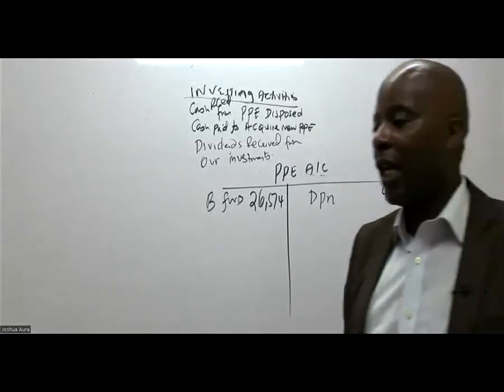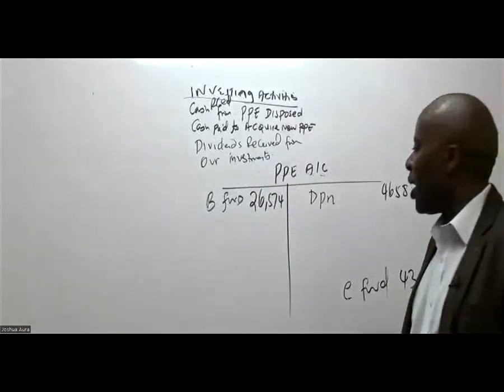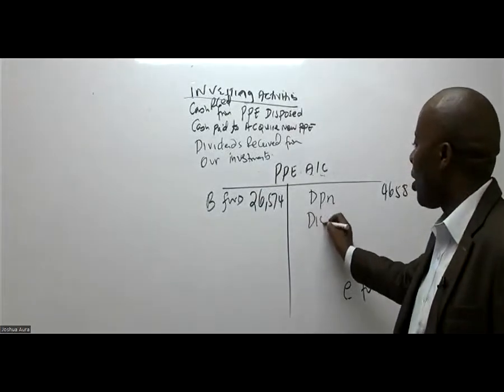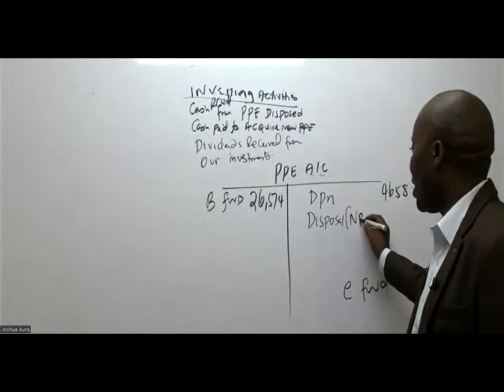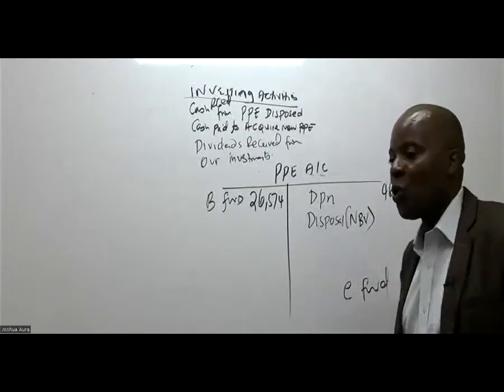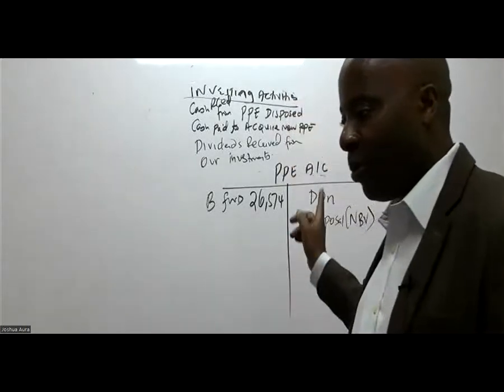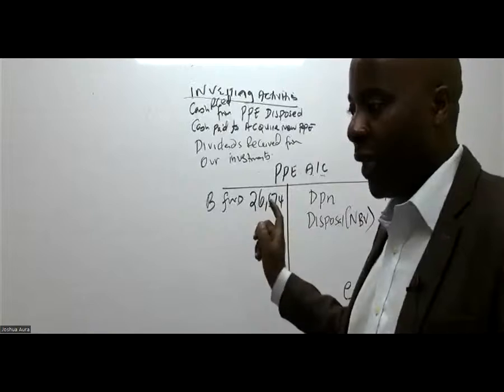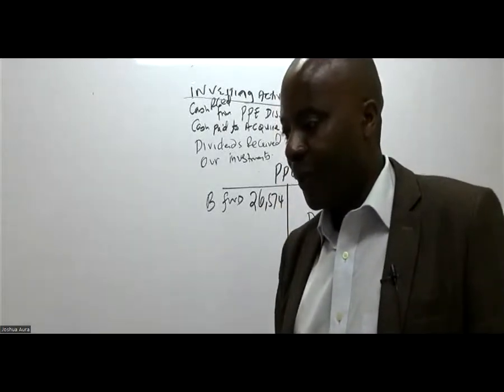Then they are giving us something called disposal. We may dispose. So we have here disposal. Remember, disposal here should be the net book value of the assets that you disposed, not the cash. Don't bring cash there. Let's look here.